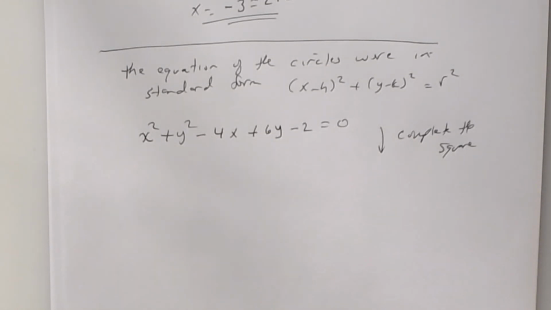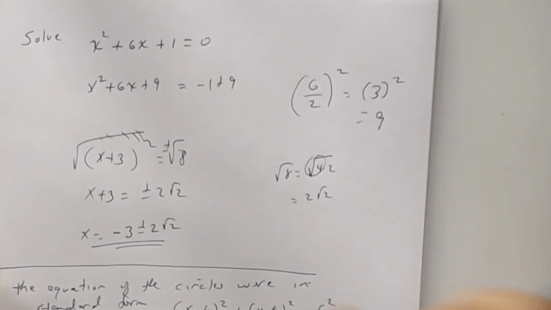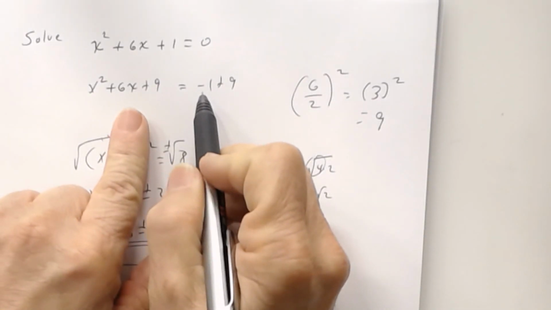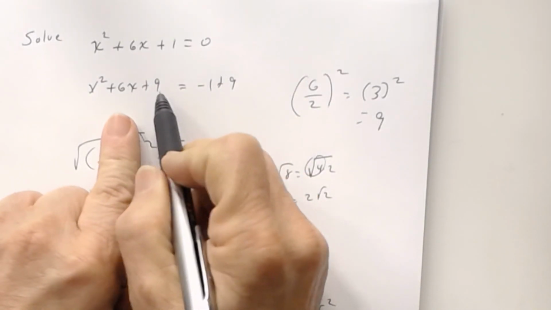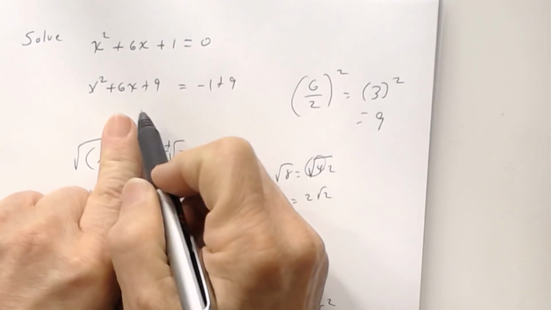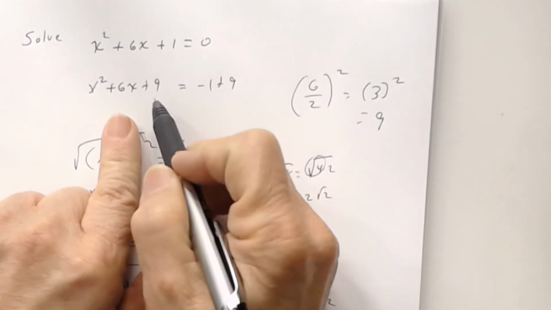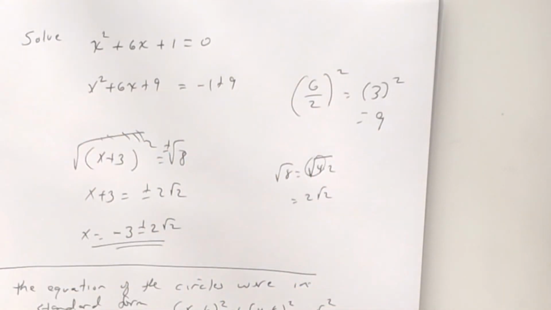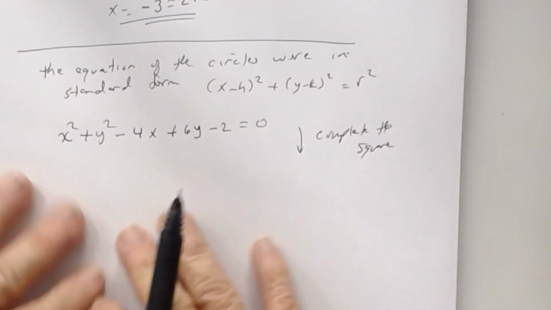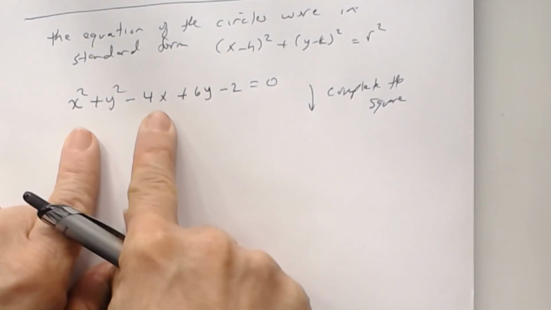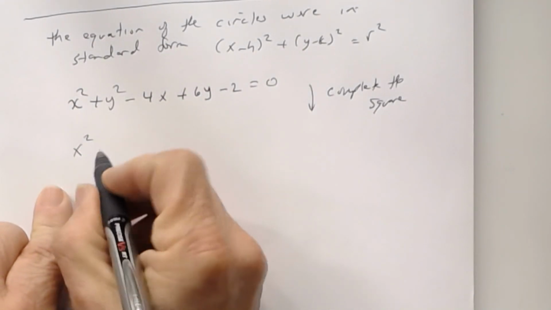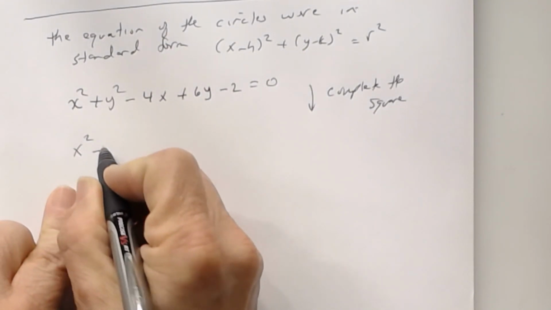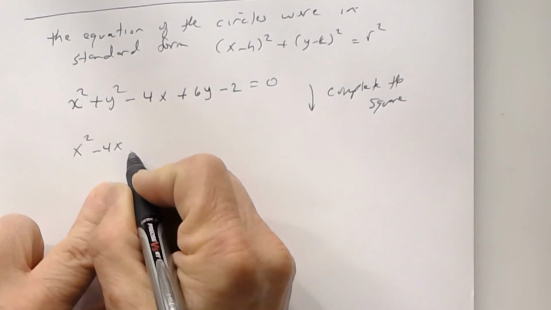Now remember when we solved this quadratic equation, when I brought the 1 over, I said leave some space, because when you complete the square, you're going to have to add a number to both sides, right? Same idea here. So you can put the x's together. I'm going to say x², minus 4x. Leave some space.